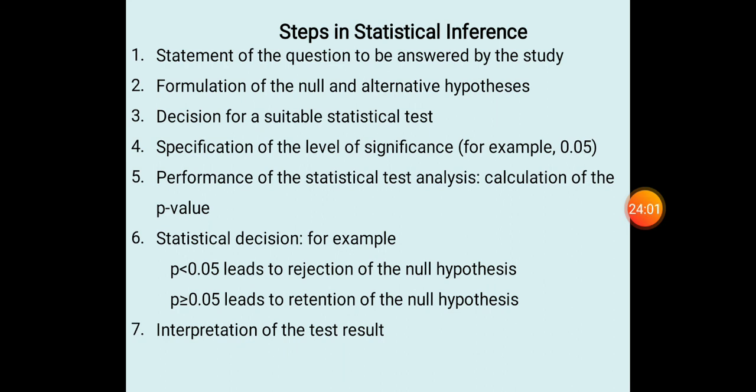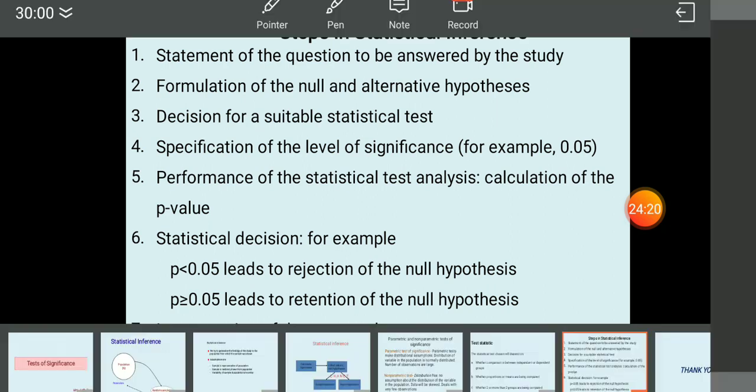This is the statistical decision we usually make. The last step is the interpretation of the test. That means whether the prevalence of anemia is more or less, or whether our medical students, especially girls, are anemic or not, we interpret based on the result obtained.